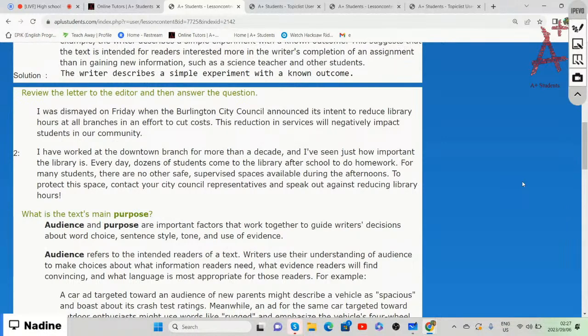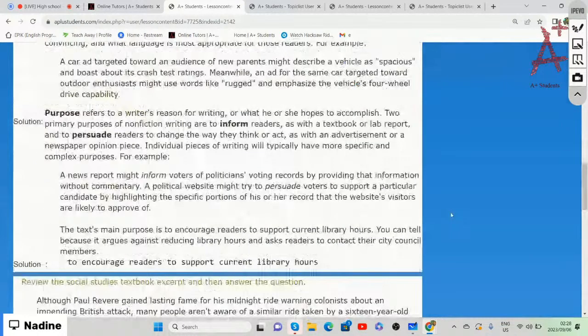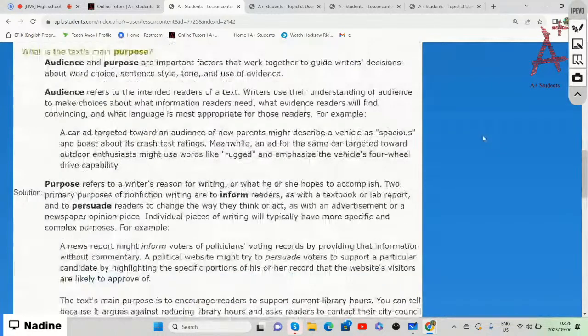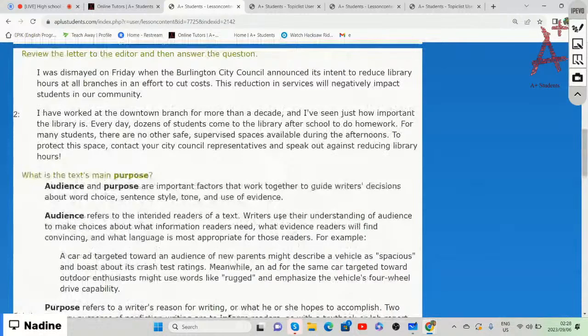To protect this space, contact your city council representatives and speak out against reducing library hours. So, this is basically a letter to the editor. So the question then is, what is the purpose of the text?